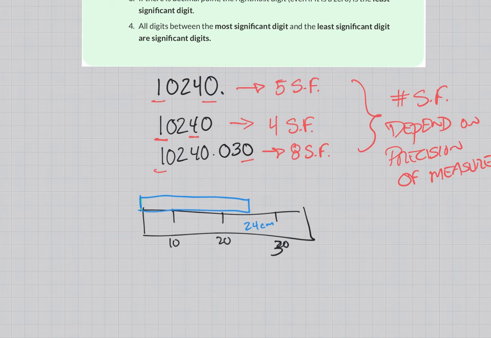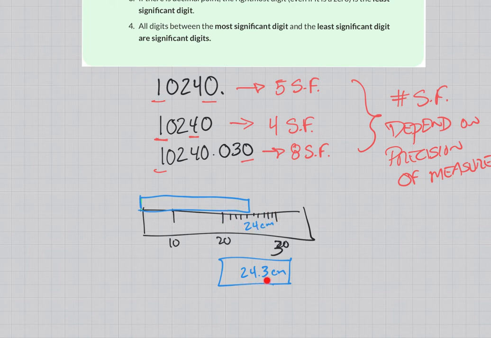Whereas if we were to add the centimeters in between here, okay, I could say, well, look, 21, 22, 23, 24, but it's somewhere between 24 and 25. So now it's 24.3 centimeters. So I've just increased my precision by having a better measuring tool.